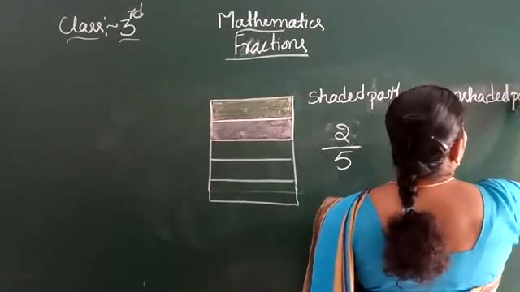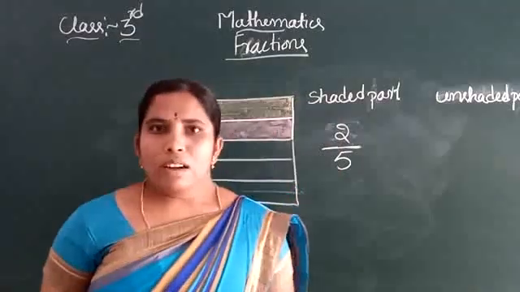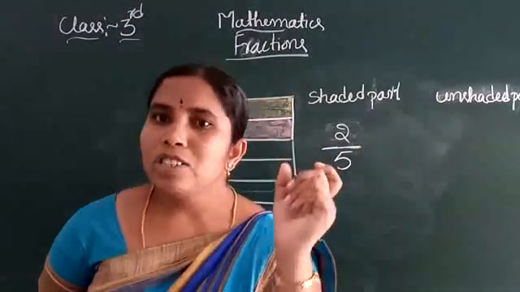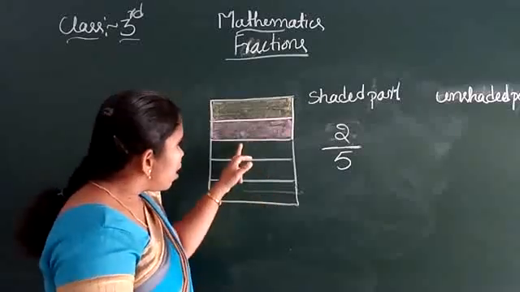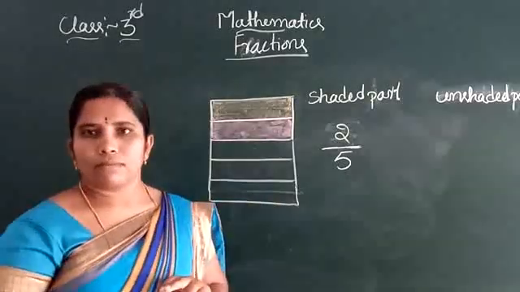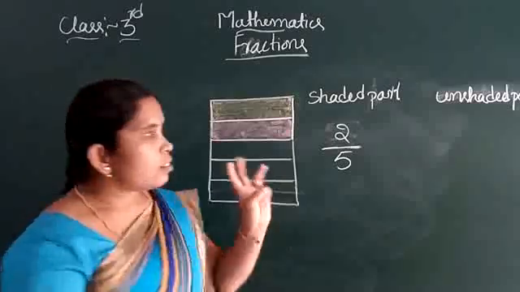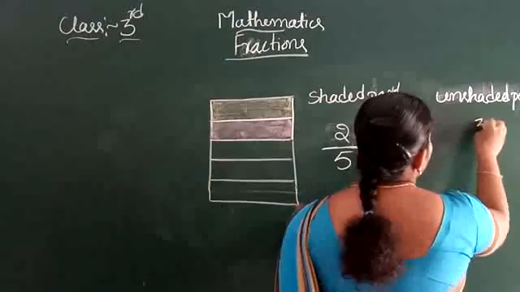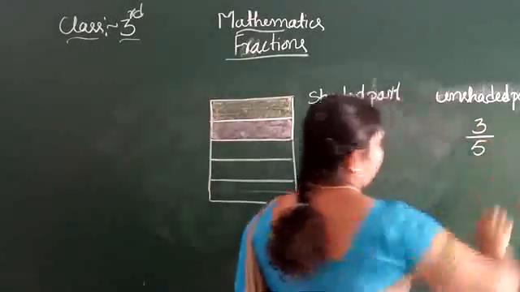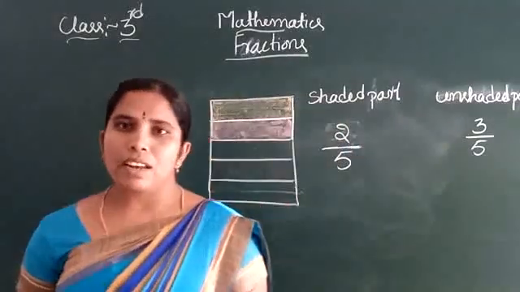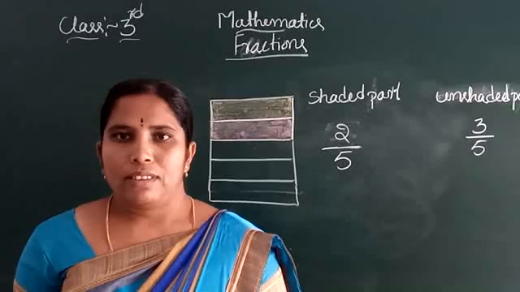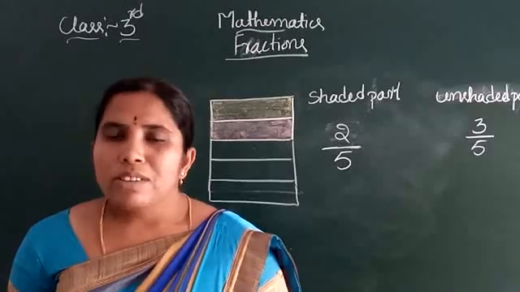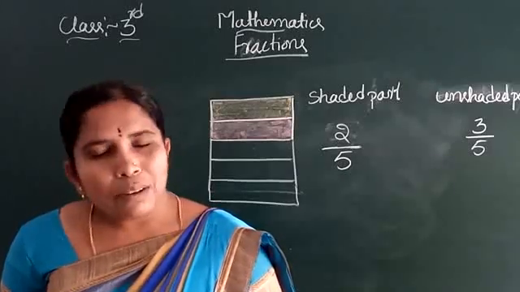Here observe how many unshaded parts there are in this figure. There are 3: 1, 2, 3. Out of 5, 3 parts we are not shading. So we can express it in fraction form as 3 by 5. Do you understand, students?